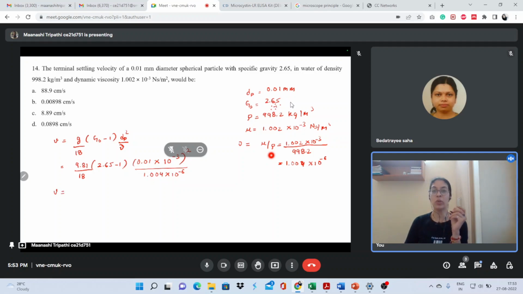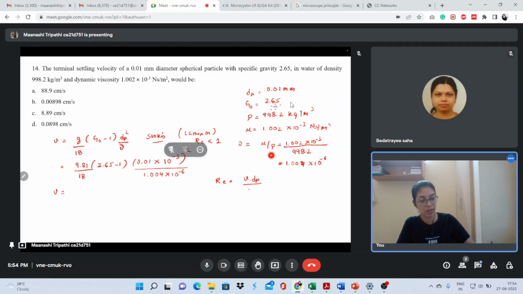Then what will we do? This is Stokes equation, right? And Stokes equation is only valid when the flow is laminar. And what is laminar flow? Laminar flow means Reynolds number should be less than 1. And Reynolds number is velocity into diameter divided by kinematic viscosity.